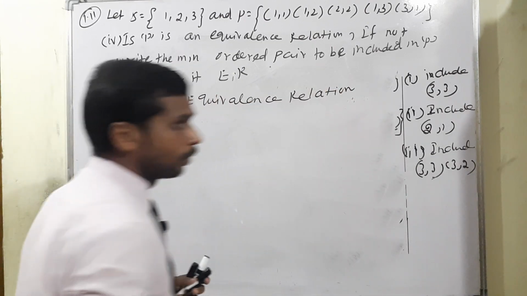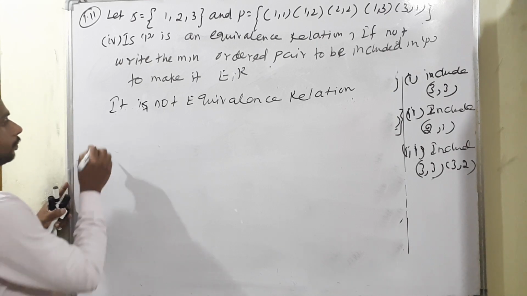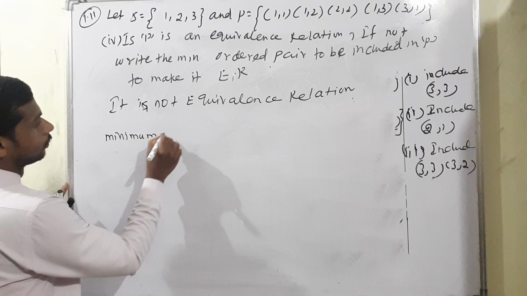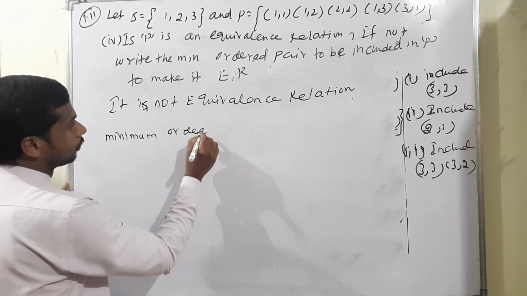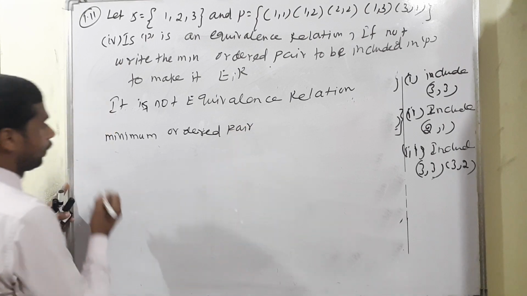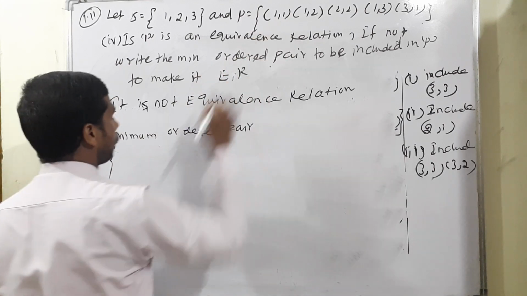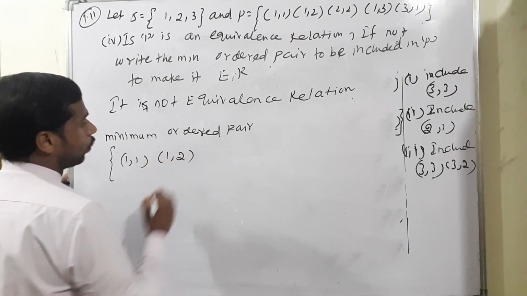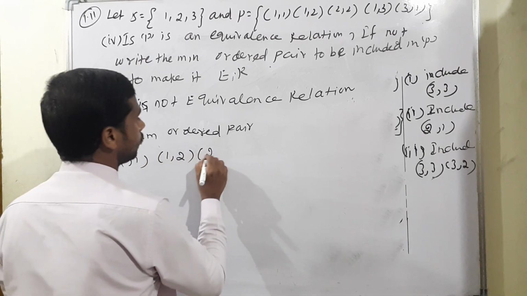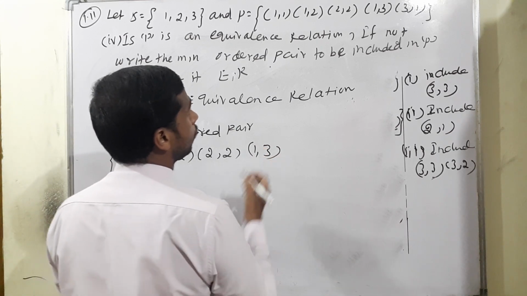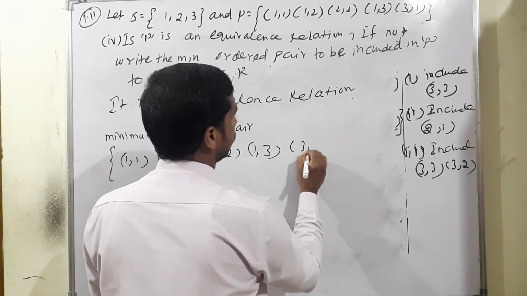Then to make it an equivalence relation, the minimum ordered pairs, already 1 comma 1, then 1 comma 2, then 2 comma 2, then 1 comma 3, then 3 comma 1.